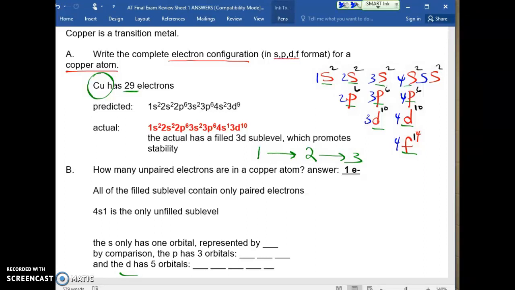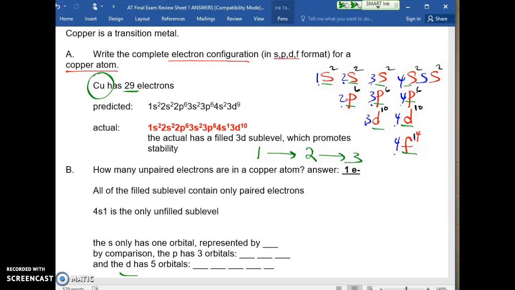And that was a way of remembering that the first energy level has the S, the second has the S and P, the third has the SPD, the fourth has the SPD and F, and of course you can keep going, but we don't go any further than the 5s. I think even the IB only goes about that far.